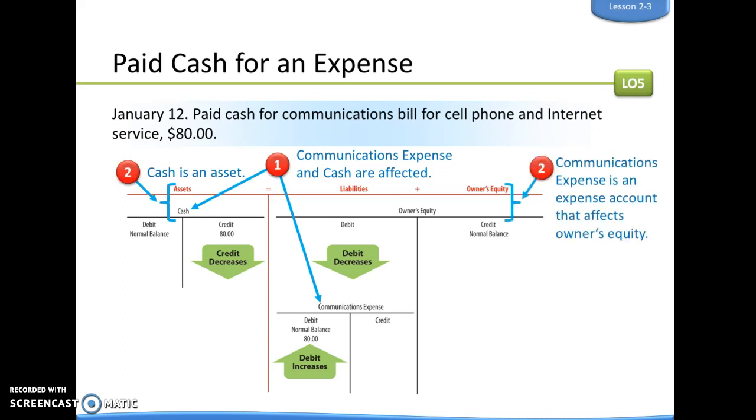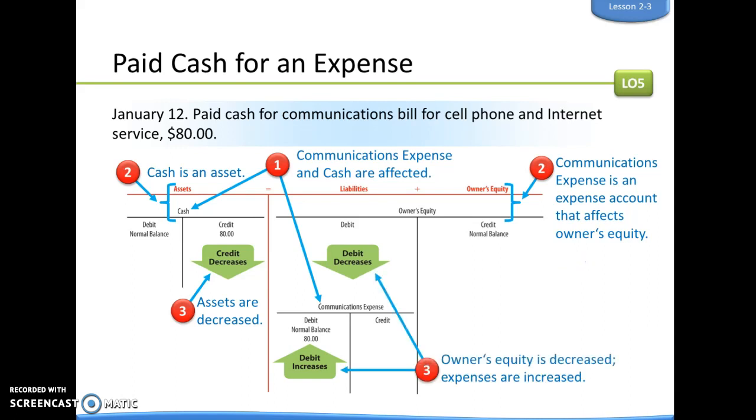Cash is an asset, communications expense is an expense account that affects owner's equity. Assets are decreased. Owner's equity is decreased. Expenses are increased. So cash is credited. Communications expense is debited.